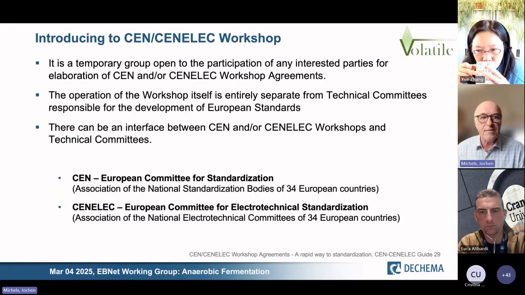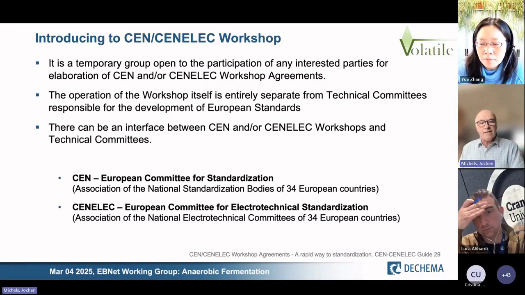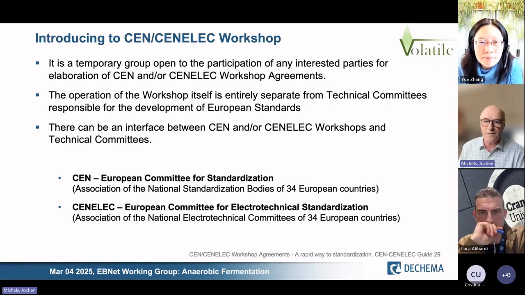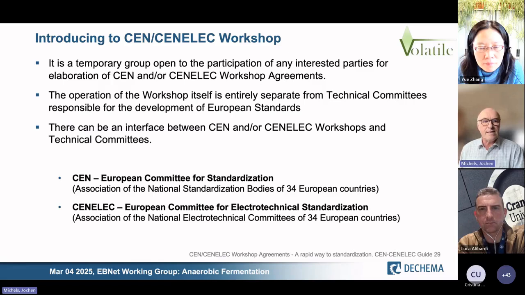To introduce a little bit what is a CEN or a CEN-ELEC workshop. CEN is, as you know, the European Committee for Standardization, and it is an association of national standardization bodies of 33 European countries. And it is not bound to the European Union. Yes, so the UK is still a member of this association, and such a workshop is a temporary group.